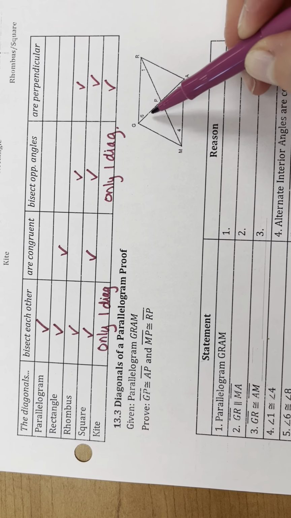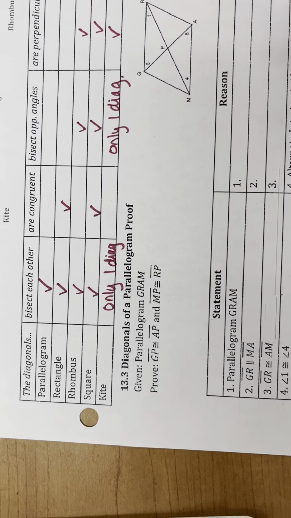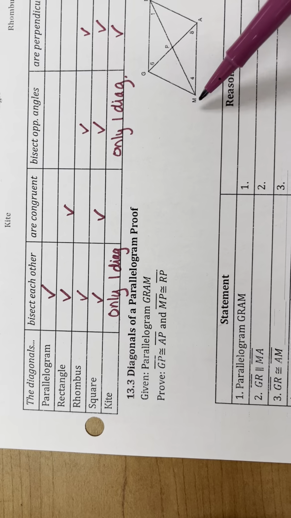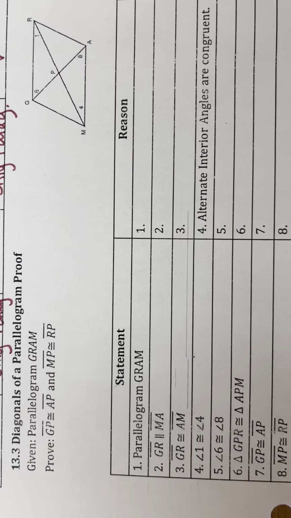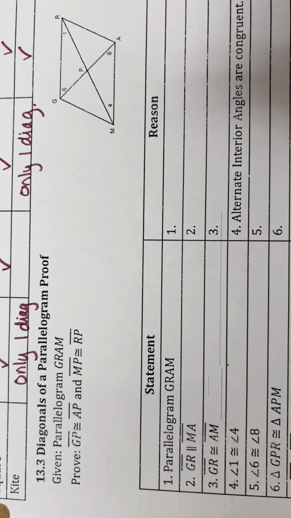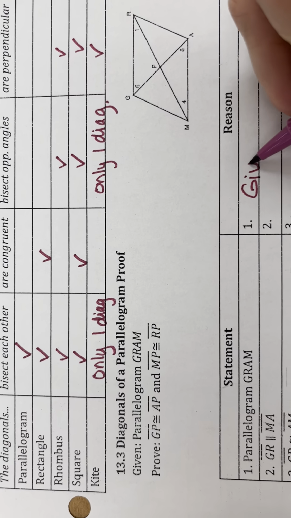So here's GP right here, congruent to AP. So we want to prove that the diagonals bisect each other. All right, and then of course this to MP and RP. So we start off with the given statement, parallelogram GRAM. They tell us that right here, so we can write in given.